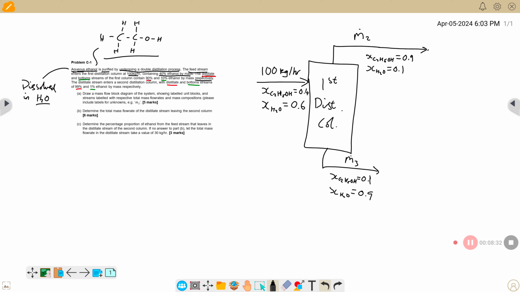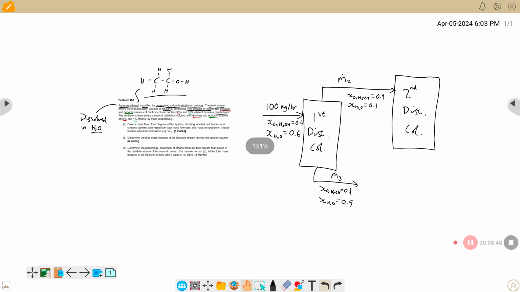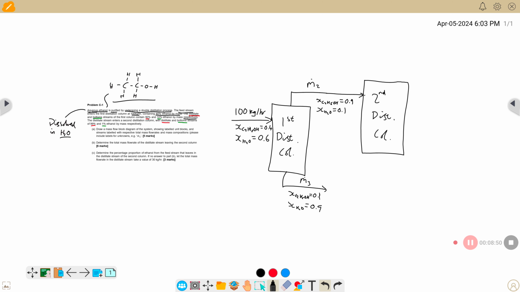And there's this second distillation column here. Let's zoom out. Draw our distillate stream and our bottom stream. And let's look back at the question.